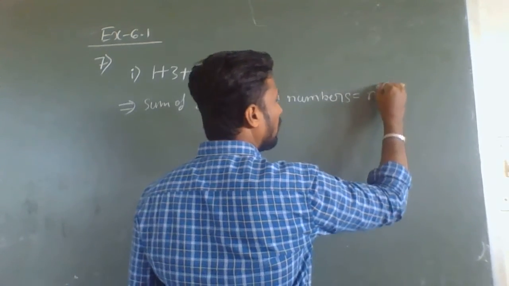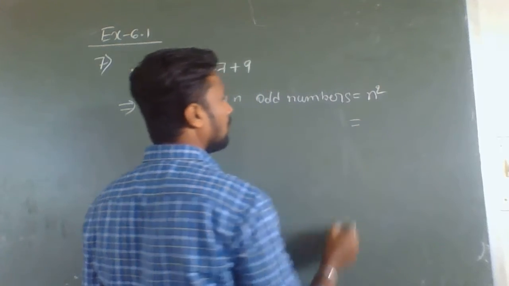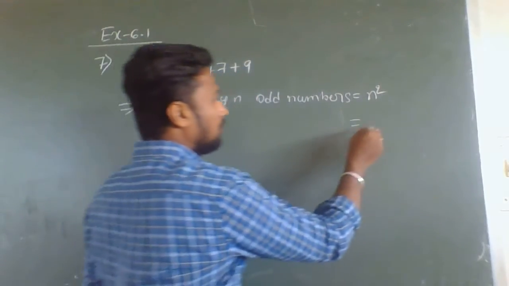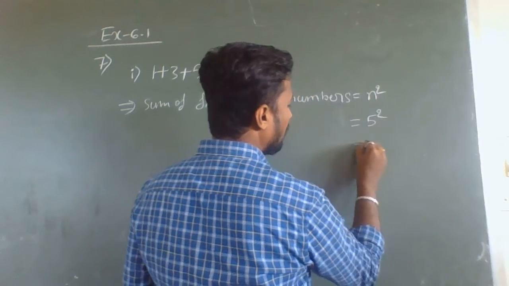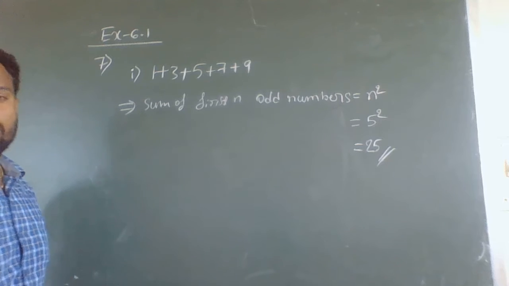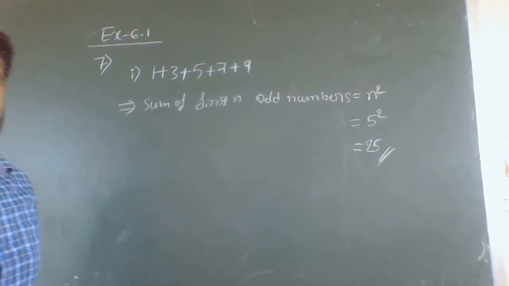This is the formula. Now, how many numbers are given here? 1, 2, 3, 4, 5. Therefore we write 5 square. So the sum is 25. 5 square means 5 into 5, what do we get? 25.